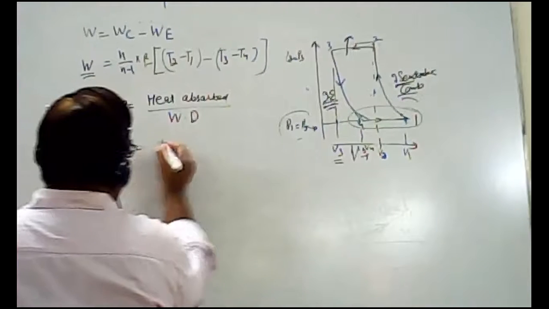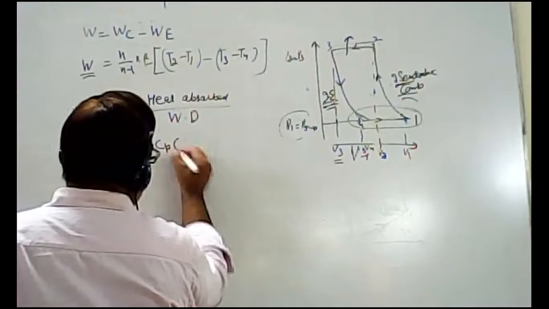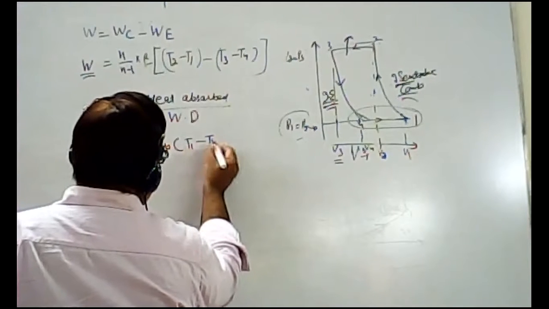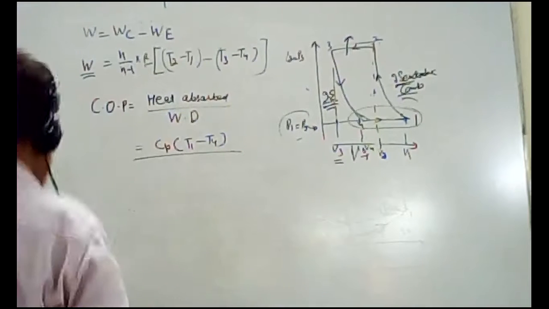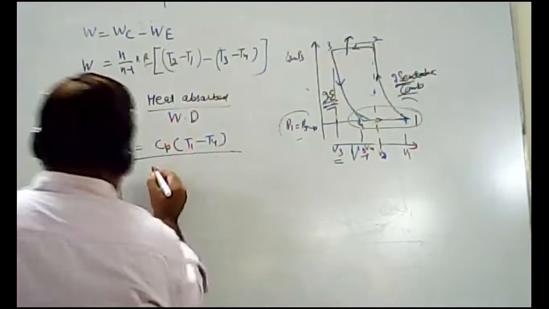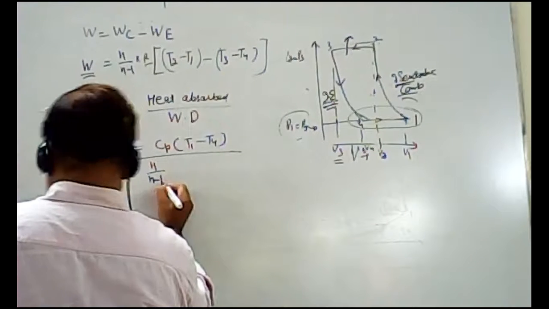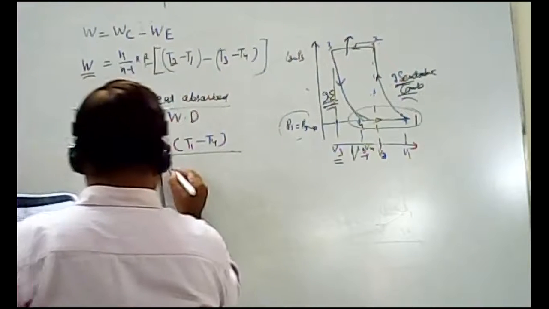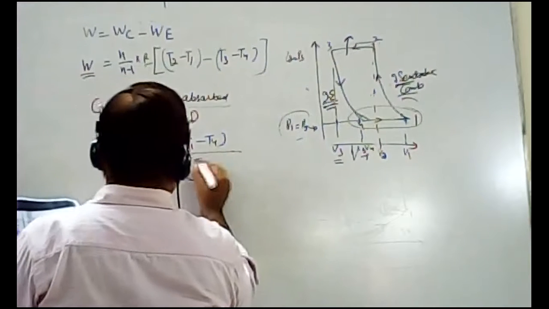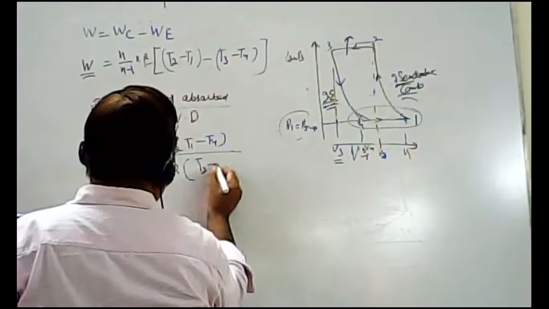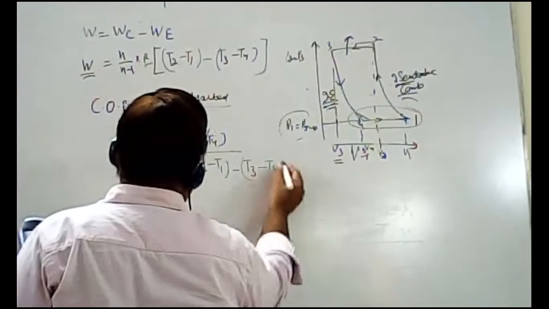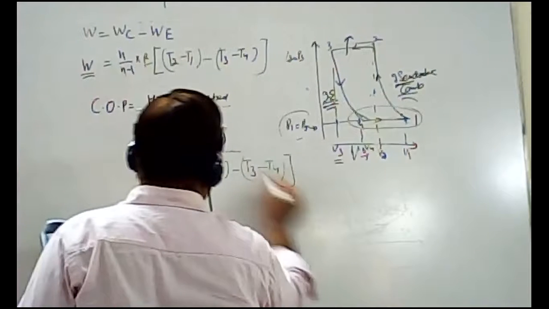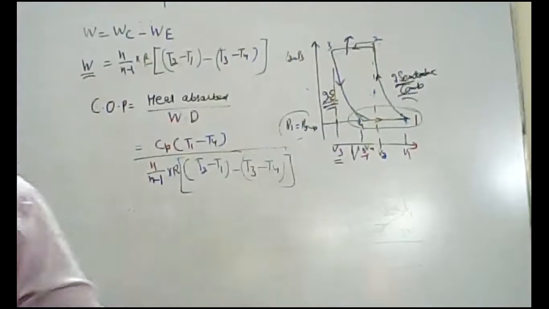So the value will be equal to Cp into T1 minus T4. This will be the heat absorbed, divided by the total work done. How much is the total work done? n divided by n minus 1 into R, inside bracket T2 minus T1 minus T3 minus T4. So this will be the value.